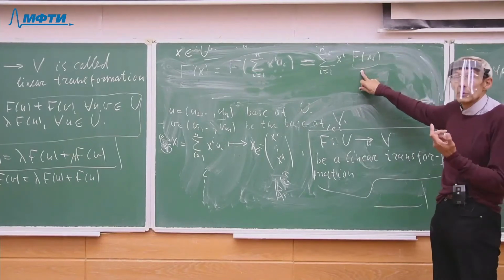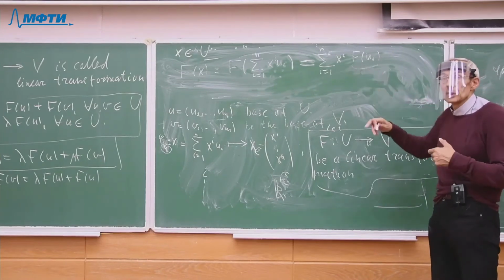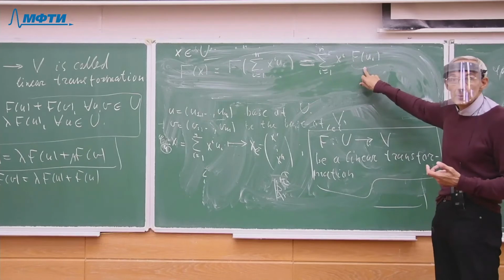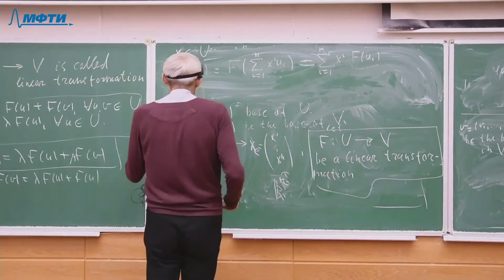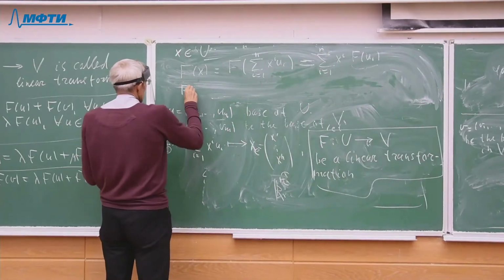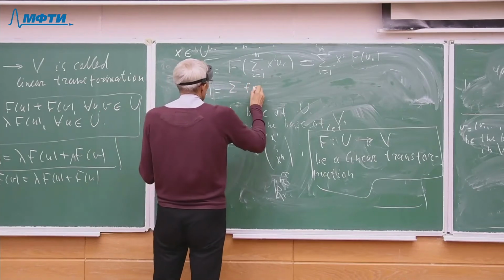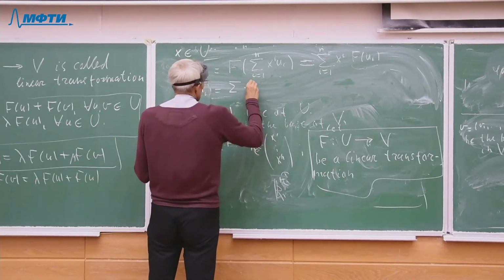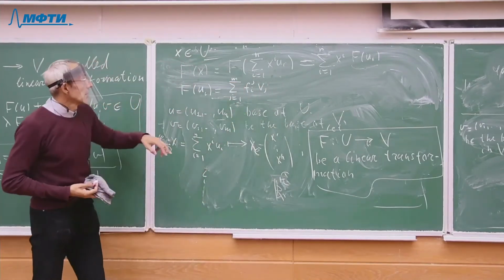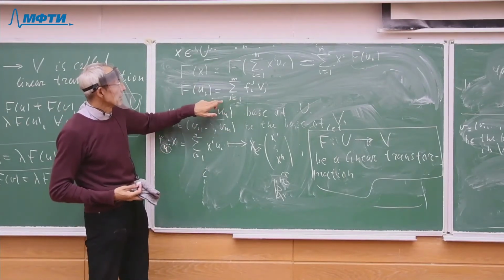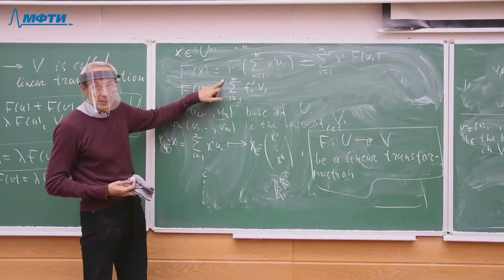This element belongs to the vector space V, and I can decompose this element in terms of the basis of this vector space, the basis V. And let me have such a decomposition: f(e_i) = sum of f_ji v_j, where j goes over the integers from 1 to m, m being the number of basis vectors in the second basis.